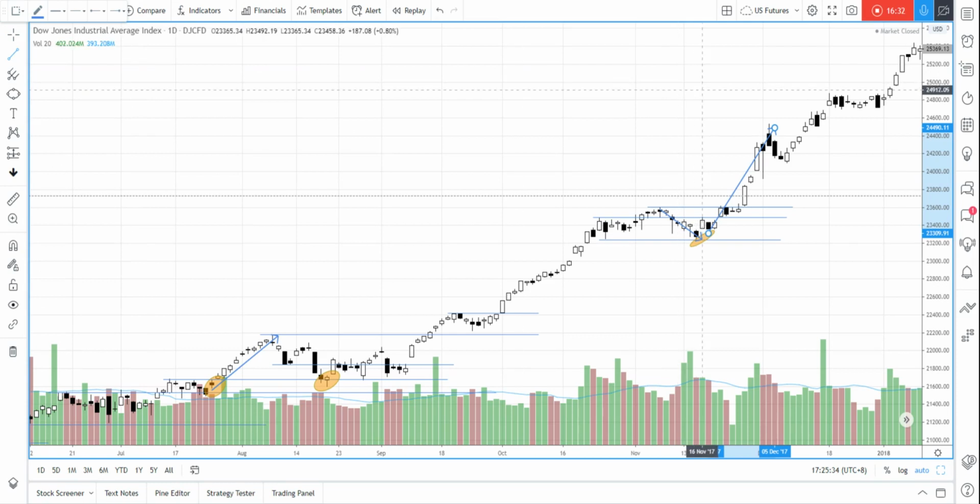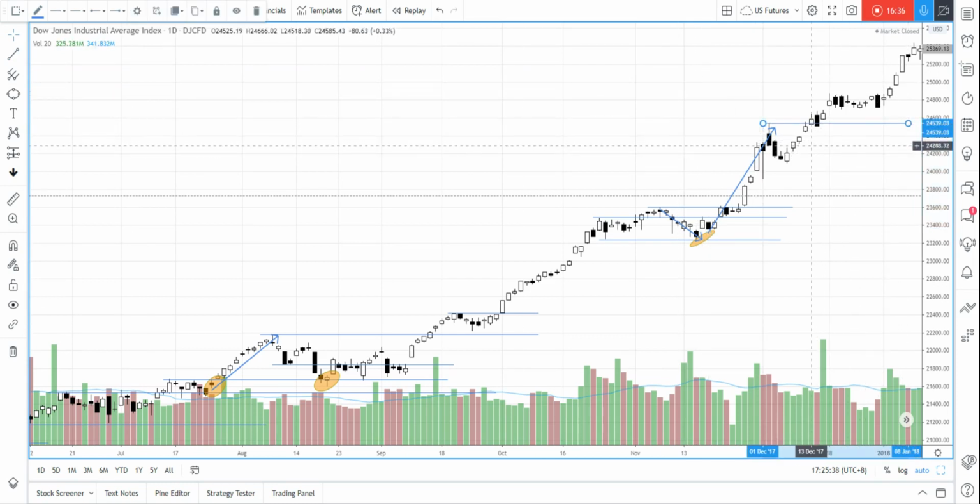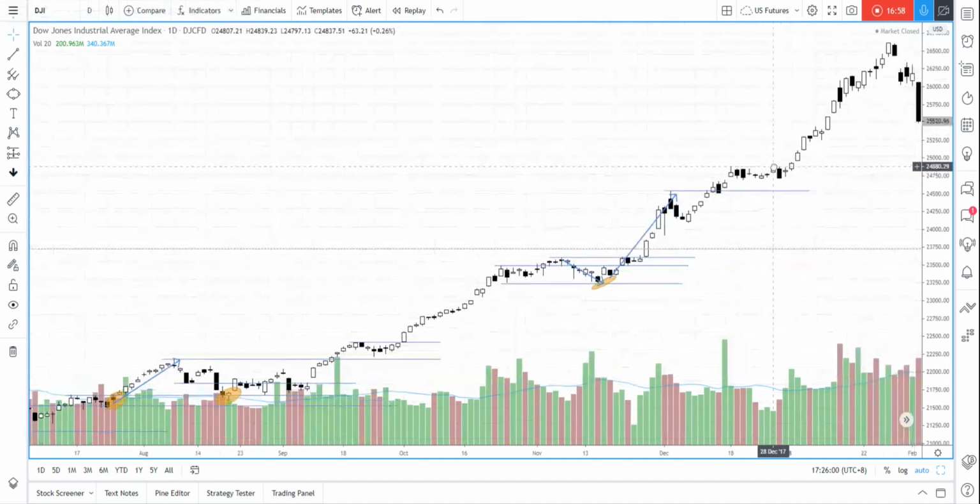and if you just draw up another line here, this becomes a resistance once it has a reaction, and once it breaks out, then the resistance line becomes a support line, which works out nicely here. And once it has a reaction, although it closed below that, it immediately reversed the next day and continued the uptrend.